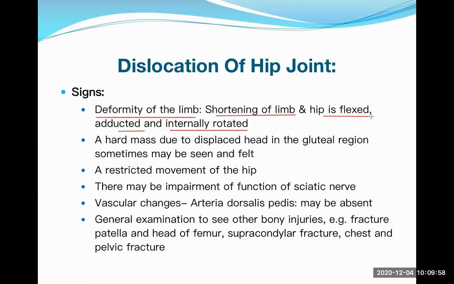Posterior dislocation of the hip is the most common one, so these are commonly seen in posterior dislocation. The limb is short, adducted and internally rotated. A hard mass due to the displaced head is felt in the gluteal region, and this is nothing but the head of the femur, which is dislocated.